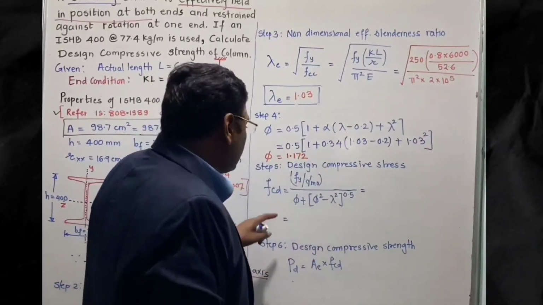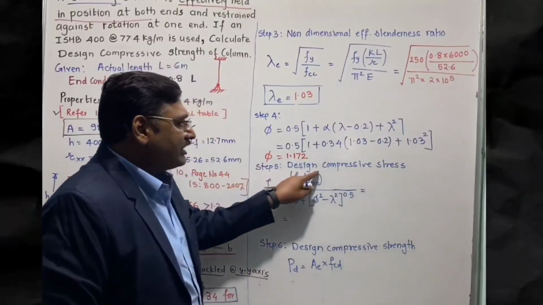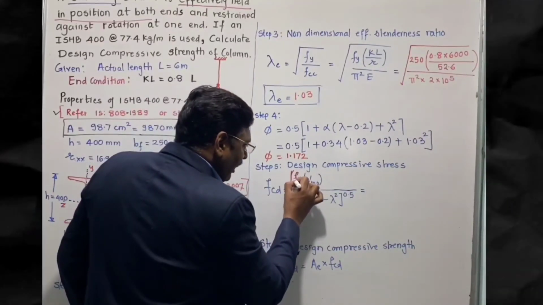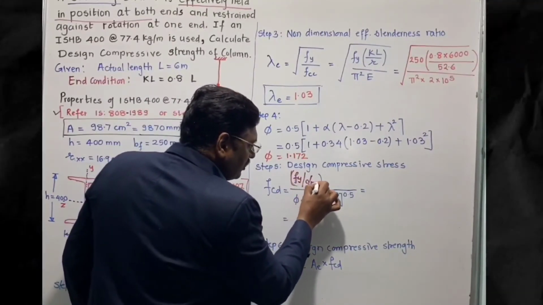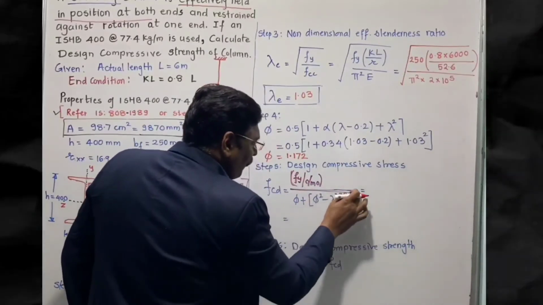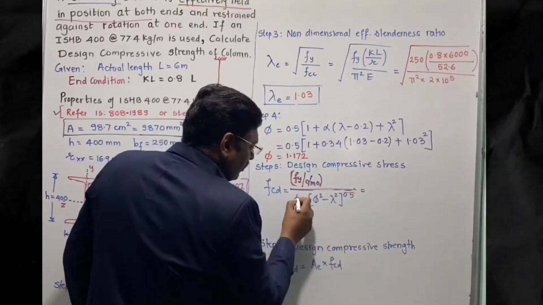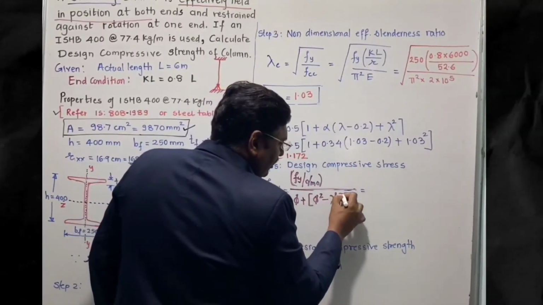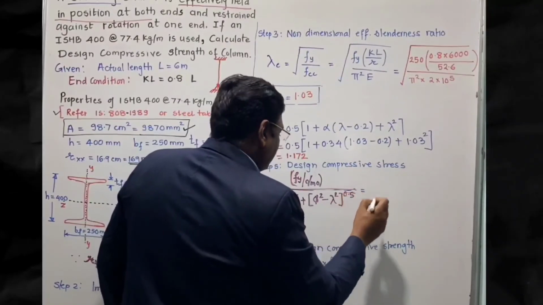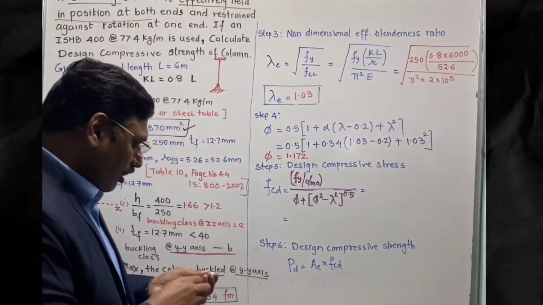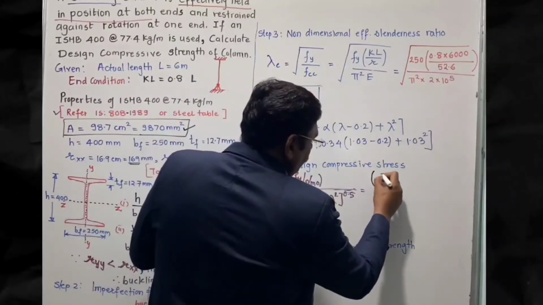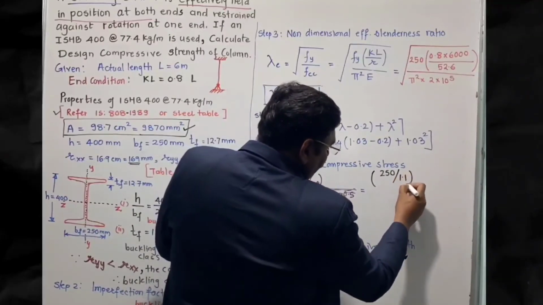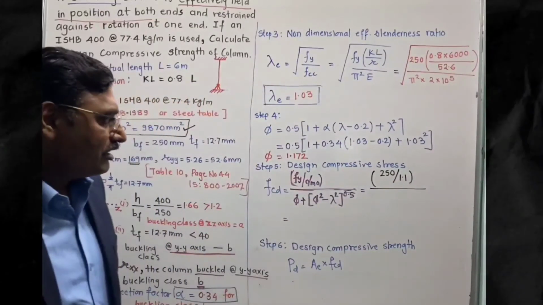Next step is the design compressive stress, and this is the formula: FCD is equal to Fy upon gamma m naught, upon phi plus in bracket phi square minus lambda square whole bracket to the power 0.5. In this formula we will substitute all the values because all are known to us. 250 is the yield stress of the steel. Gamma m naught is 1.1 for the material steel.